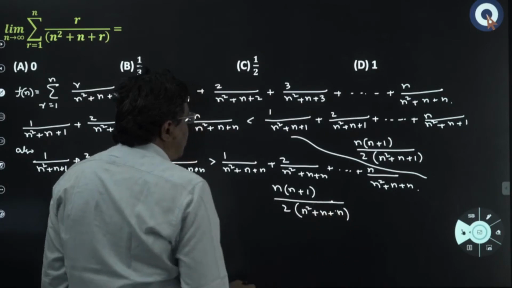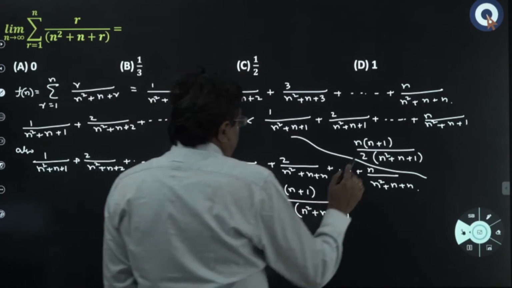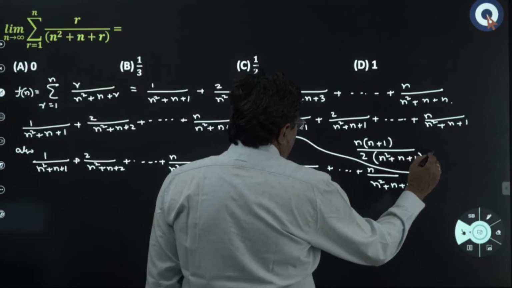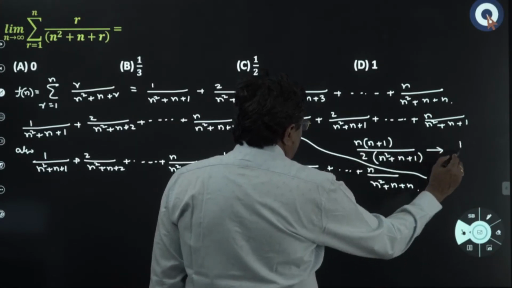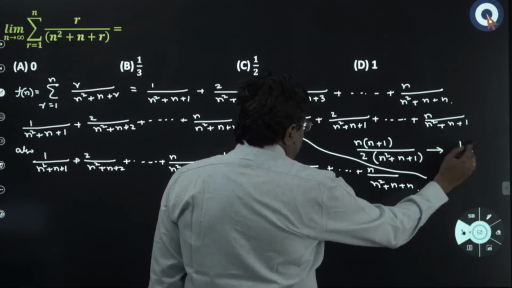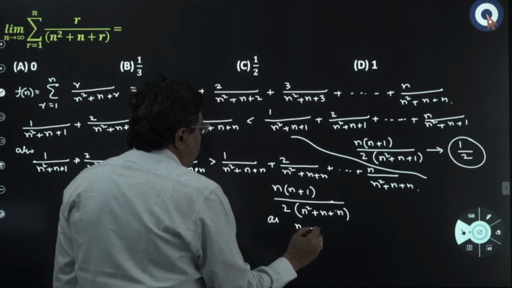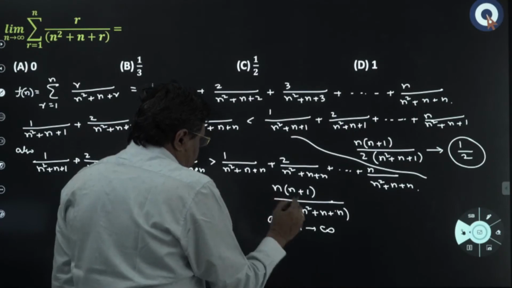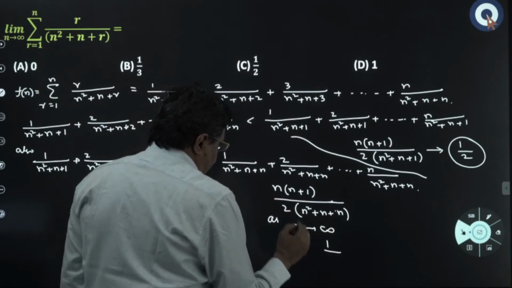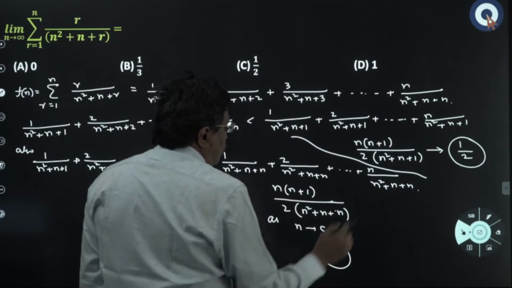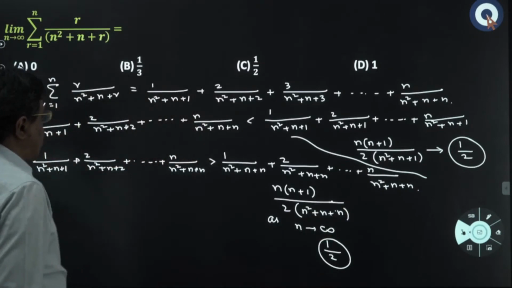Now, as n tends to infinity, the n square coefficient here is 1 and the n square coefficient there is 2. So this goes to 1 by 2, and this also goes to 1 by 2.